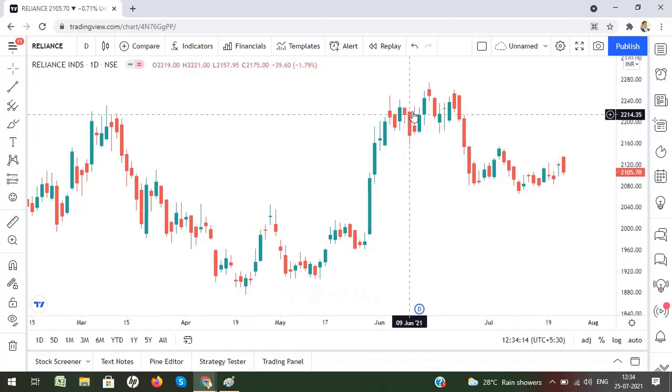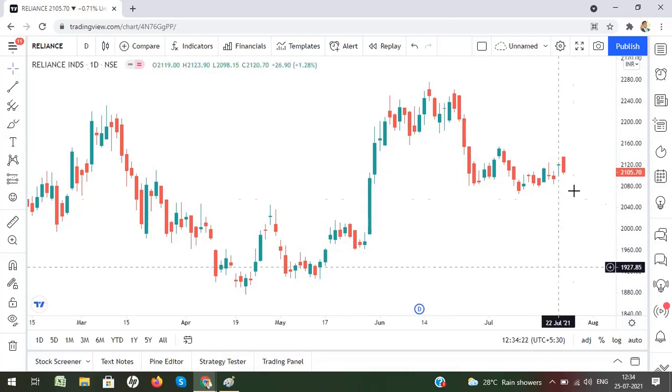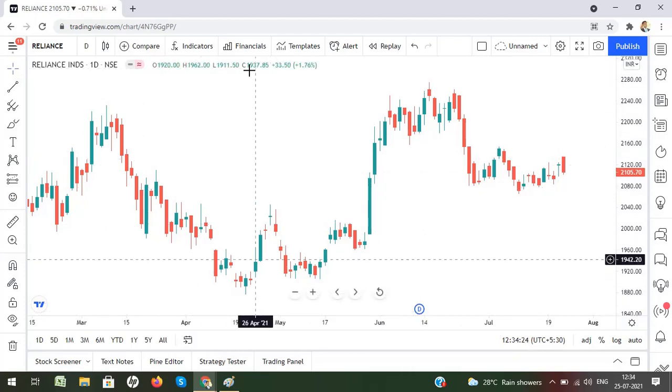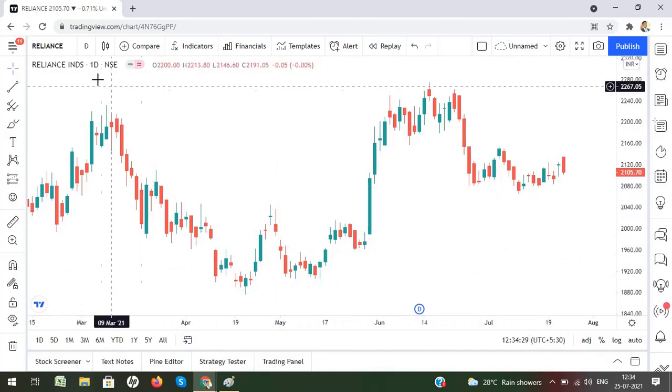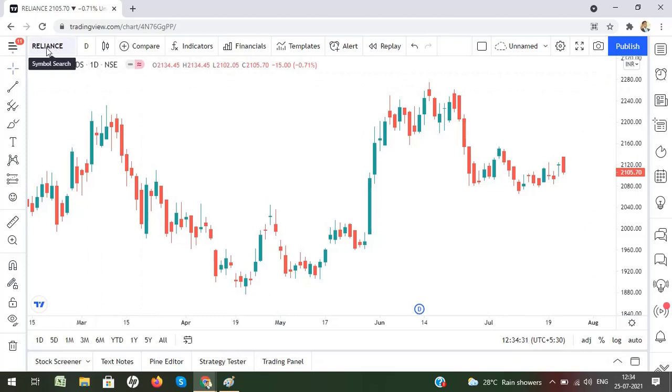As the price goes up, price goes down, this price is in ascending order. As you read from down to up, it is in ascending order. All right, so this is your simple price chart. This price chart is for Reliance Industries on NSE.